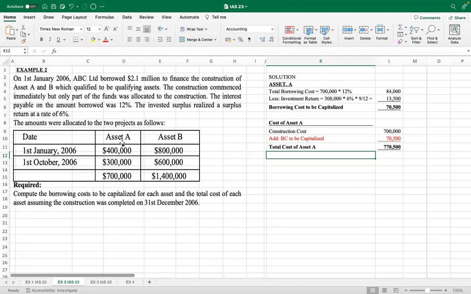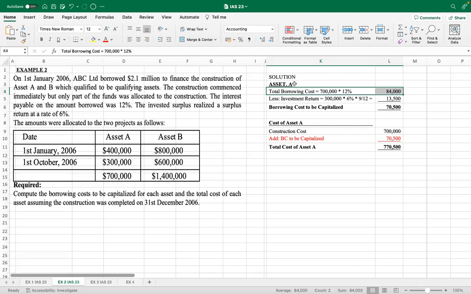Now we have started with asset A. The amount borrowed for asset A was 700,000. The interest paid on this amount is 700,000 times the interest rate of 12%. The total borrowing cost is 700,000 times 12% to give you 84,000.